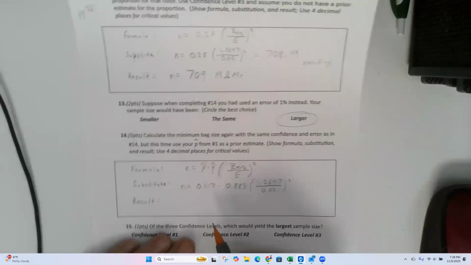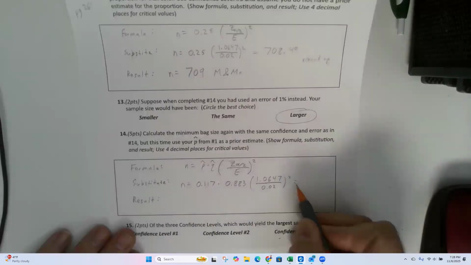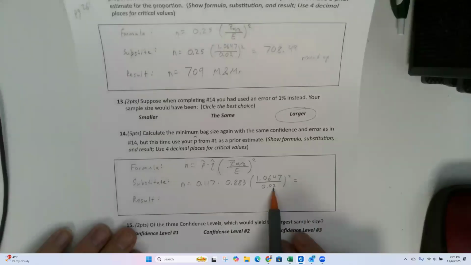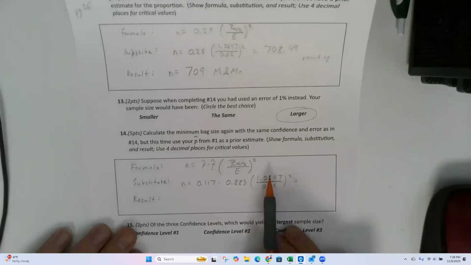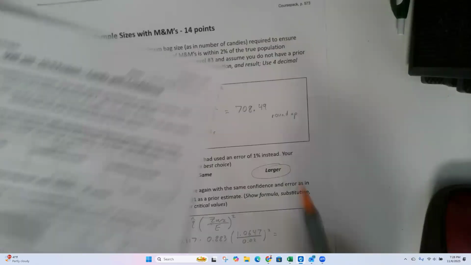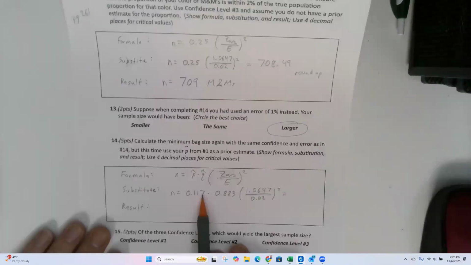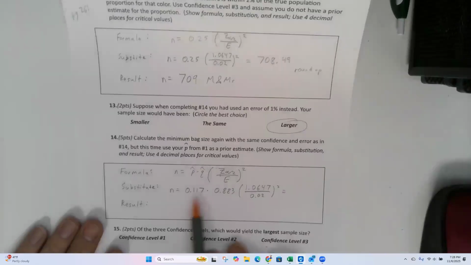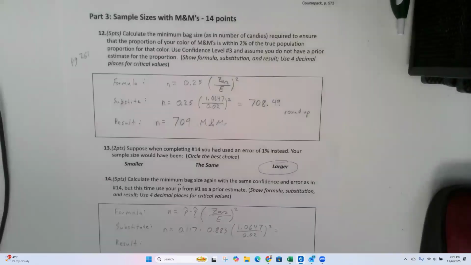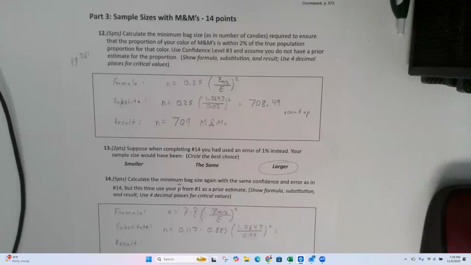Now, I know that there's a lot of proportions flying around. We have margin of error of 2%. We have a confidence level of 71%. We have a p hat of 11%. We have a p value of 16%.